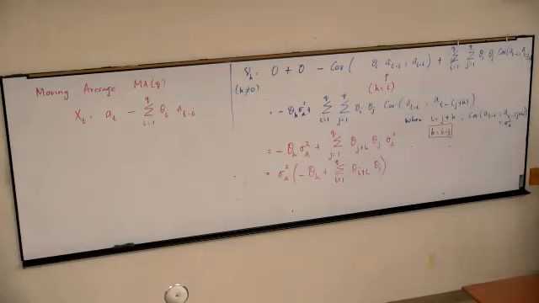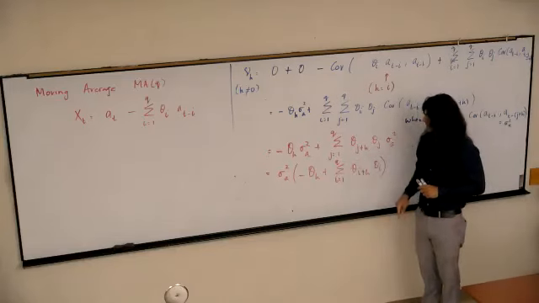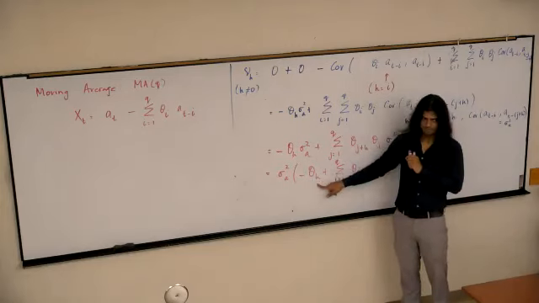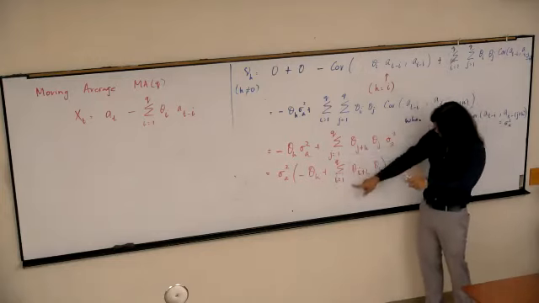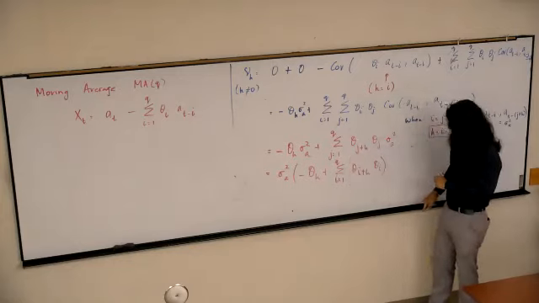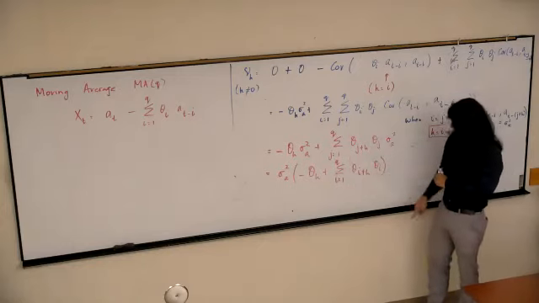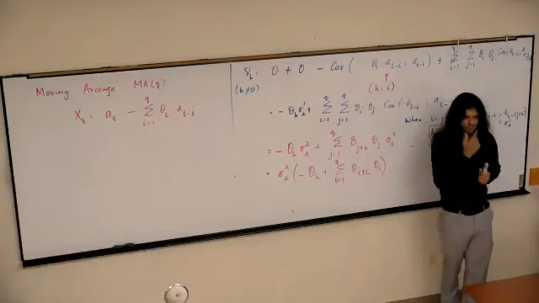If you go back and look at MA1, q would be 1. And if h is 1, I have negative theta 1. q is 1, so you go from 1 to 1, so i would simply be equal to 1. 1 plus 1 is 2, theta 2 times theta 1.